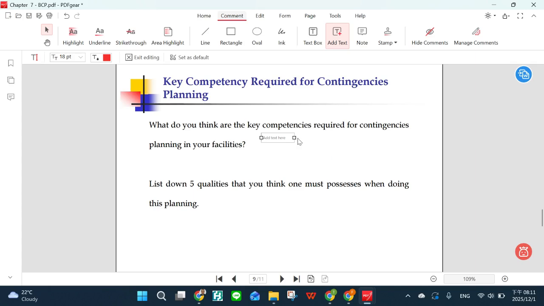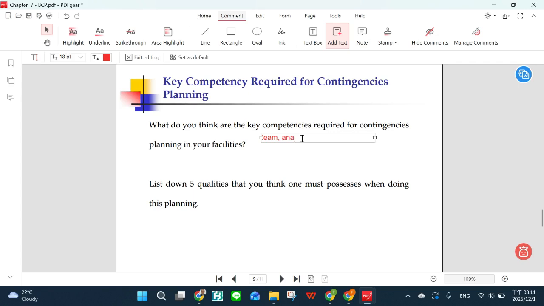You don't work alone. You need people, you need experience, you need to analyze to come up with it. Assessment of risk, business impact analysis, brainstorm.